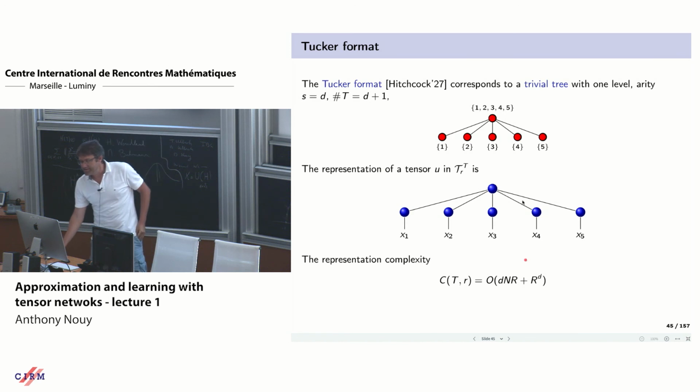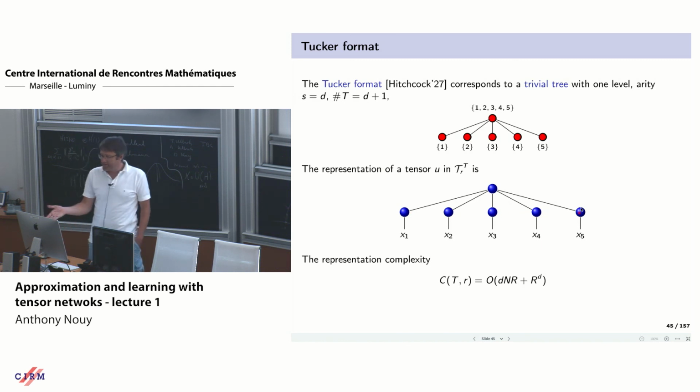If I take this trivial tree, which is just one level, I have just a first partitioning of the set of dimensions into singletons. The representation of the resulting format in tensor diagram notation is the following one. You have one core tensor associated with the root and all these tensors associated with the leaves.